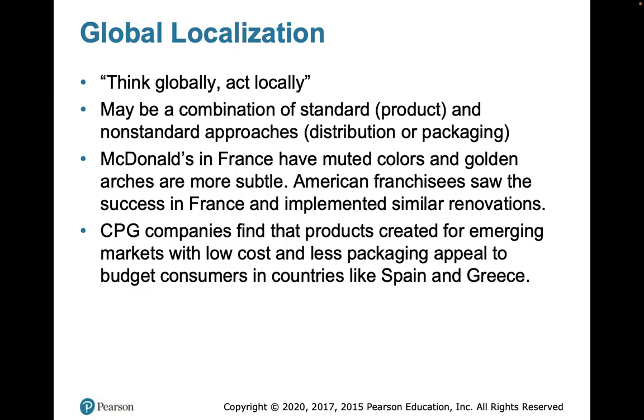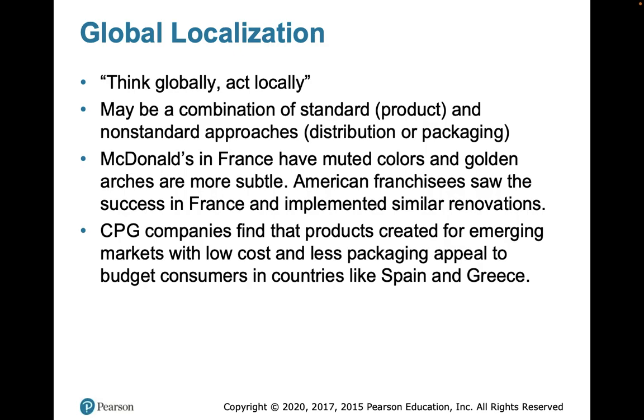So for example, McDonald's in France have muted colors and golden arches that are more supple, because usually the McDonald's colors are very bright, right? We have bright reds and bright yellows.